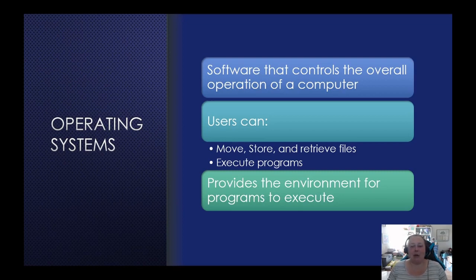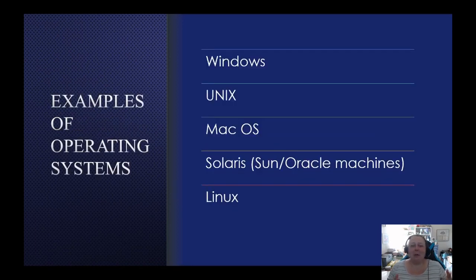Let's take a quick look at some commonly known operating systems. Here is just a quick list of some of the more popular operating systems found on personal computers nowadays. Windows is an operating system provided by Microsoft, most commonly used with PCs.